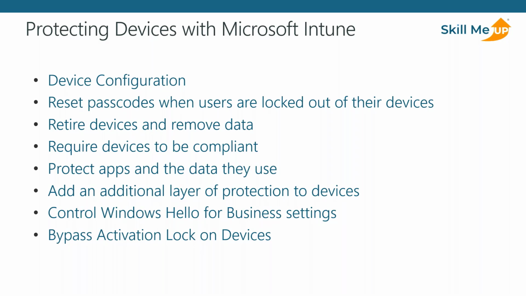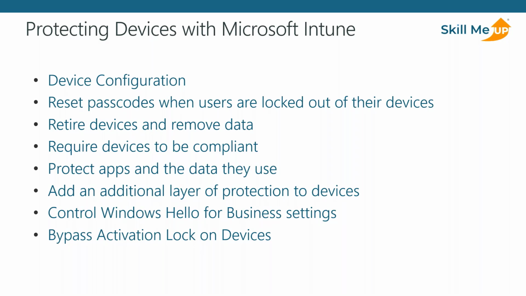You've also got obviously adding an additional layer of protection to devices, which is available. So forcing specific controls over the top like multi-factor or application PIN controls. We can also obviously utilize Windows Hello. And then, of course, we can do activation lock. So we can require users to enter their Apple ID. We can obviously bypass some of that too, depending on how we configure the devices.